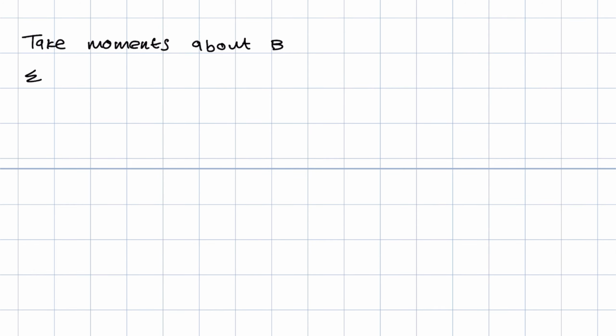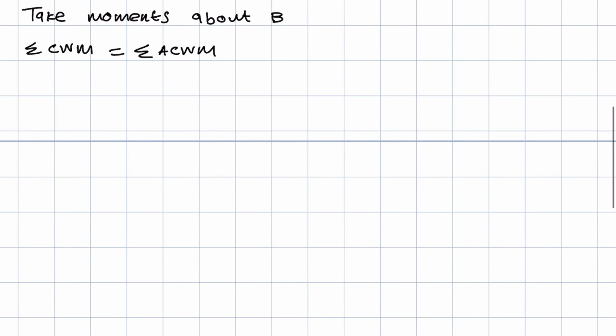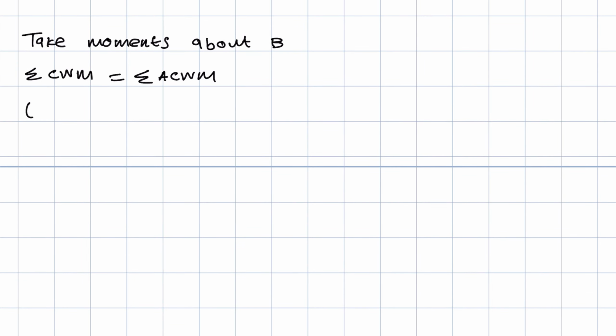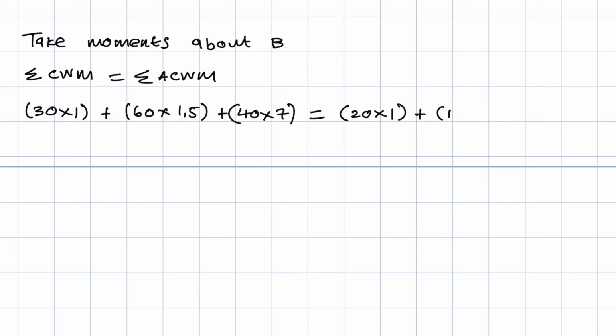So we have the sum of clockwise moments is equal to the sum of anti-clockwise moments, right? So here you have 30 times 1 plus the 60 times 1,5 plus the 40 times 7, which is equal to the anti-clockwise moments, which are due to the force 20 kilonewtons times 1 plus the reaction at D times what?